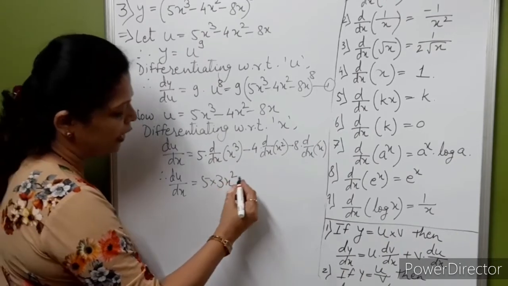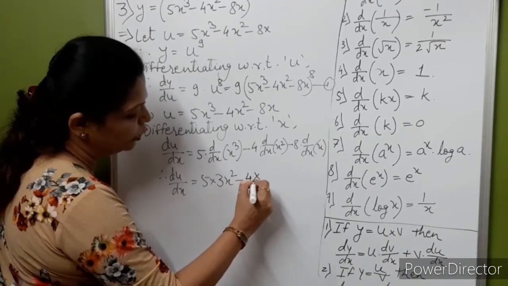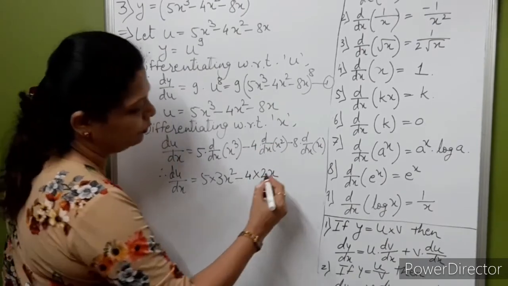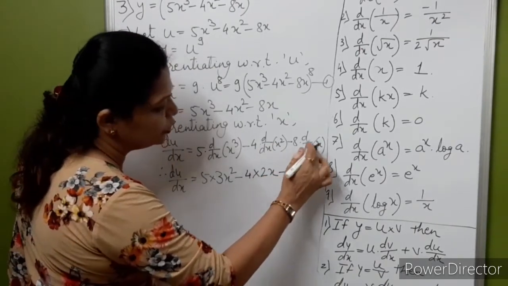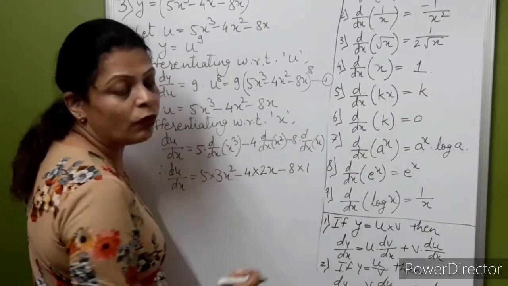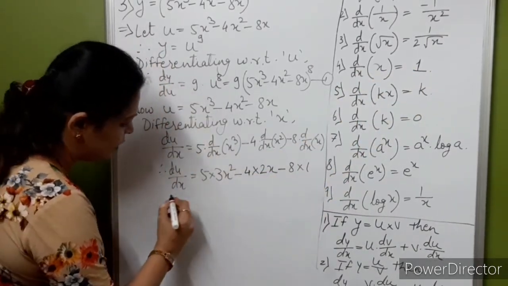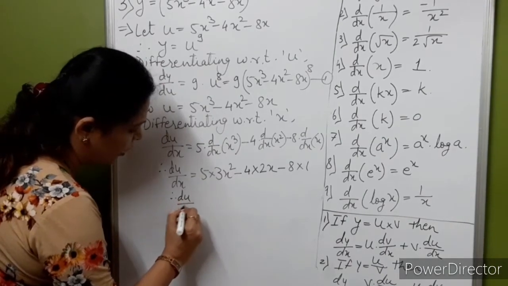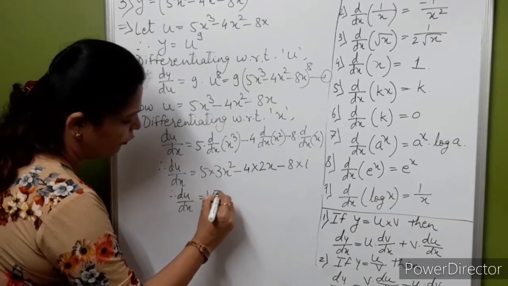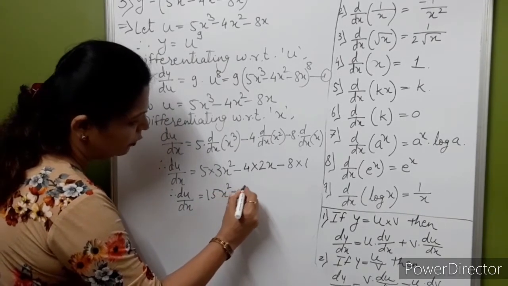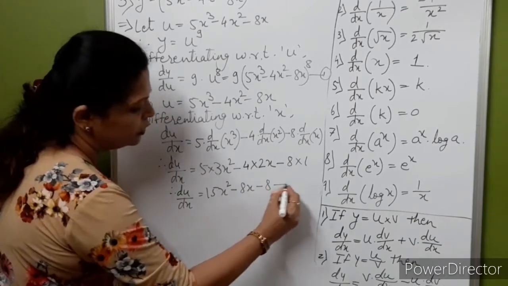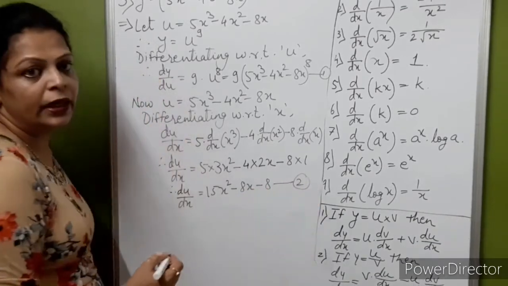So 3x square minus 4 into derivative of x square, which is 2x, minus 8 into derivative of x, which is 1. See, derivative of x is 1. So what you get is du by dx is equal to 5 threes are 15x square minus 8x minus 8. This is your du by dx.